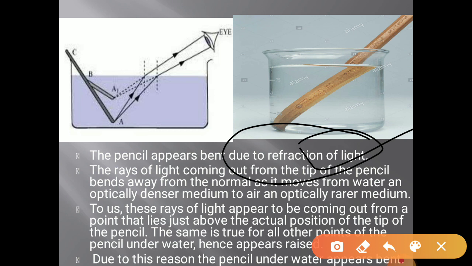Over. But if the question is asked like, explain with the help of a diagram why a pencil appears bent in a glass of water, then you will write the whole answer along with the diagram. So let us discuss it.